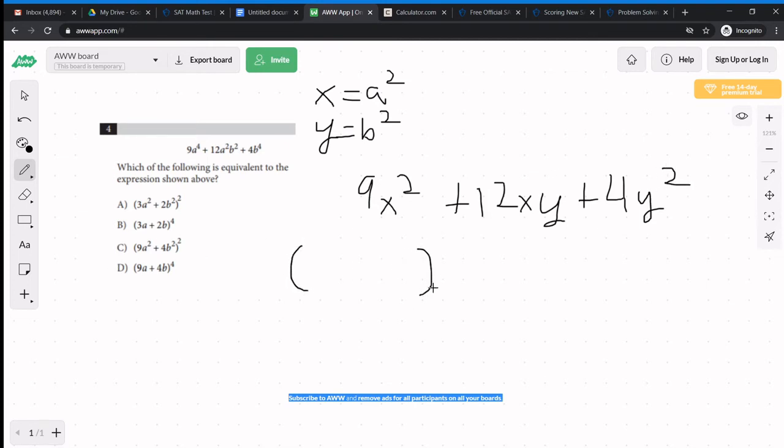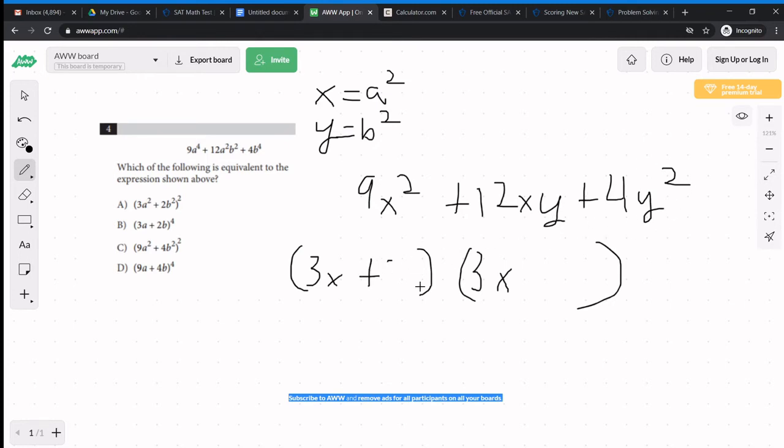You look at this and say, what can get me 9x squared? First of all, you're going to have x's here. It's either going to be 1 and 9 or 3 and 3. But the only numbers I see here have squares next to them, so let's go with 3 and 3, because I think that will probably lead to better results. And we know that this is going to be plus.